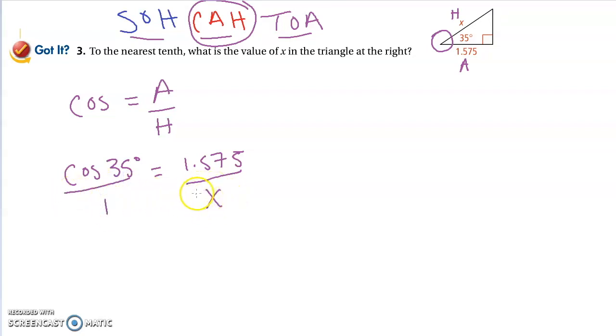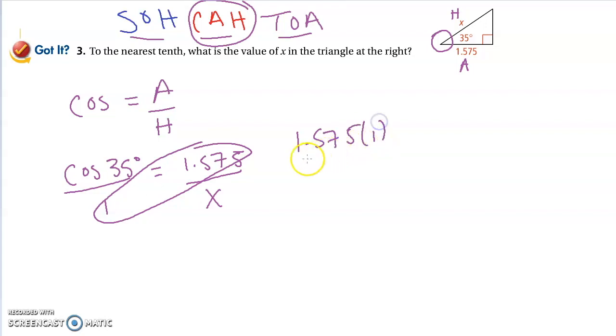Well, because x is in our denominator, we can probably just set this up as a proportion using the butterfly method. Butterfly method says you circle the two numbers across from each other: 1.575 times 1 divided by the other number, which is cosine 35.